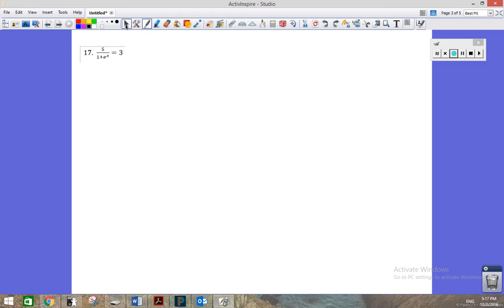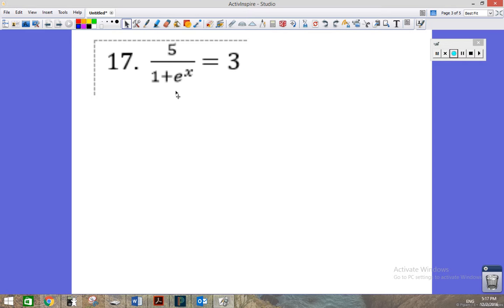Alright, let's take a look at this guy. On the left-hand side I have this single term, and on the right-hand side 3, but boy, on the left-hand side that term is a ratio, and my true interest is in this term in the denominator that has my variable x. I'm going to make 3 a fraction so that I have a proportion.